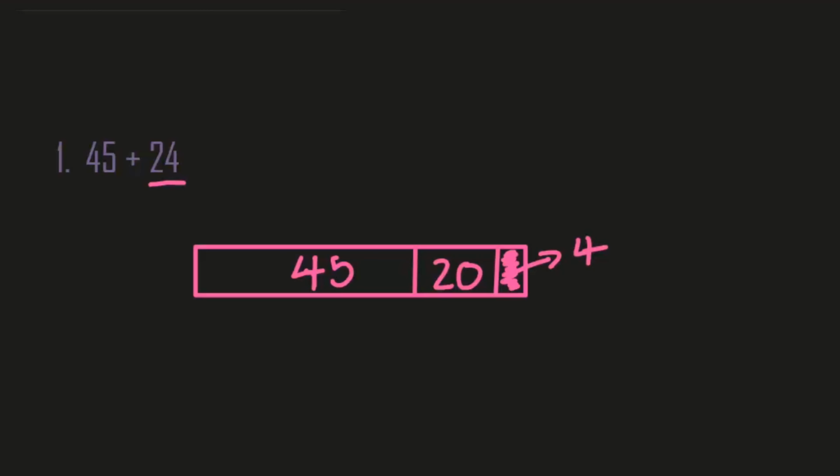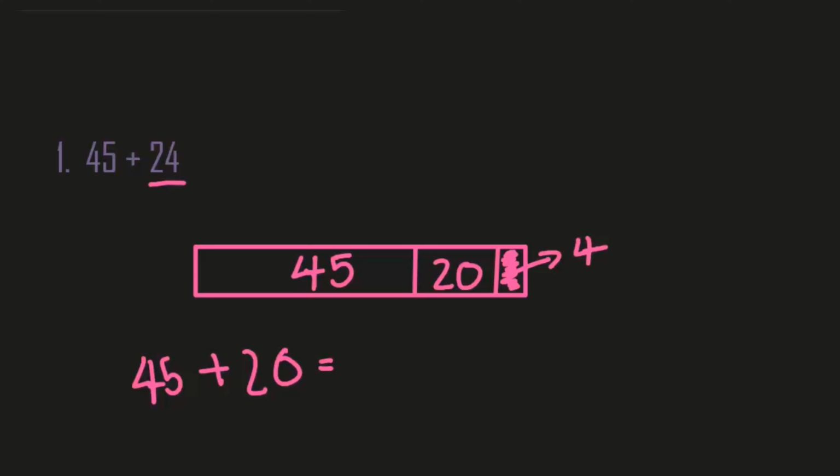Okay, so now we need to add them. We divided 24 into two different things because it's easier to add 45 and 20 than it is to add 45 and 24. So now, what is 45 plus 20?